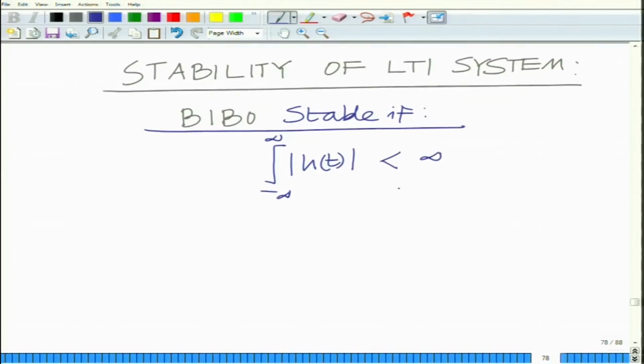This implies that the ROC contains the j omega axis.